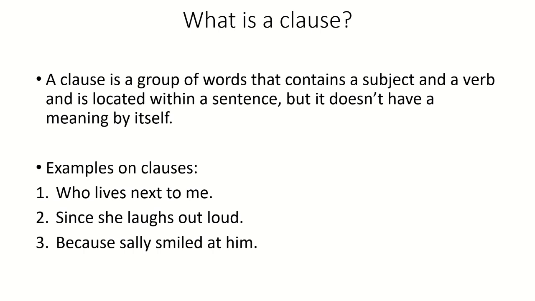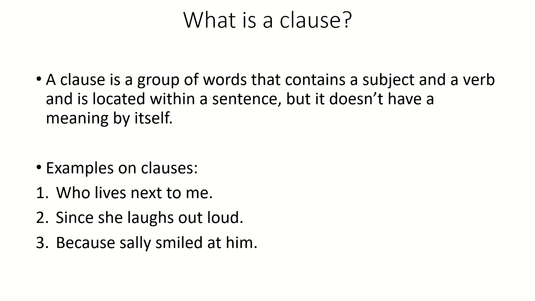So if I say, who lives next to me? Where's the predicate? What do you want to tell me about that person who lives next to you? It doesn't have a meaning by itself. Since she laughs out loud. What happened next? So they don't have full meaning.